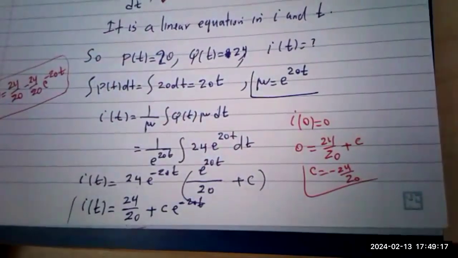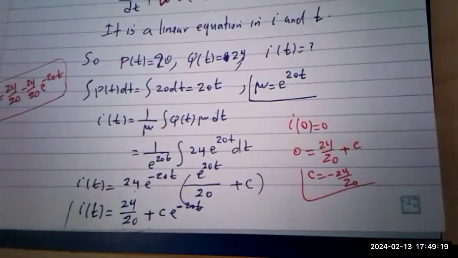Can you distribute the 24 to the c, 24 e to the negative 20t? A constant is a constant, because initially you go back and find what c is going to be the same. If it's given to you randomly, you can do it. You have to be patient because the notation is different, and the positions will be different.